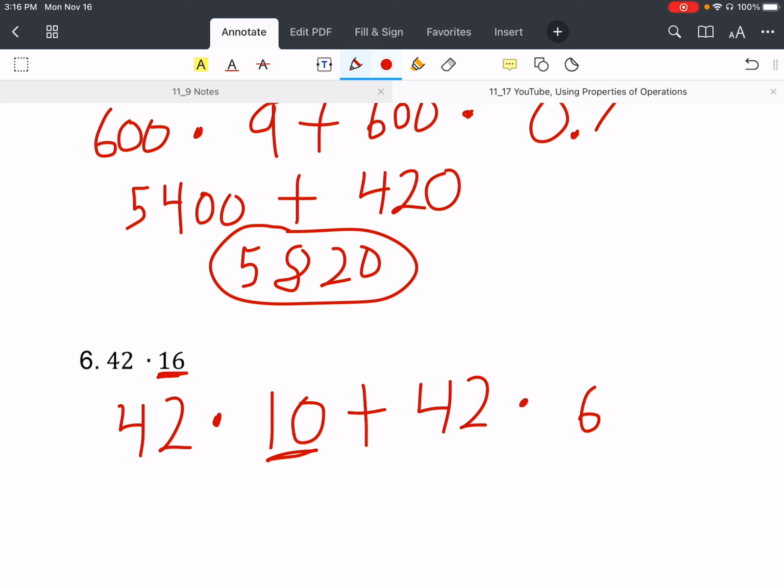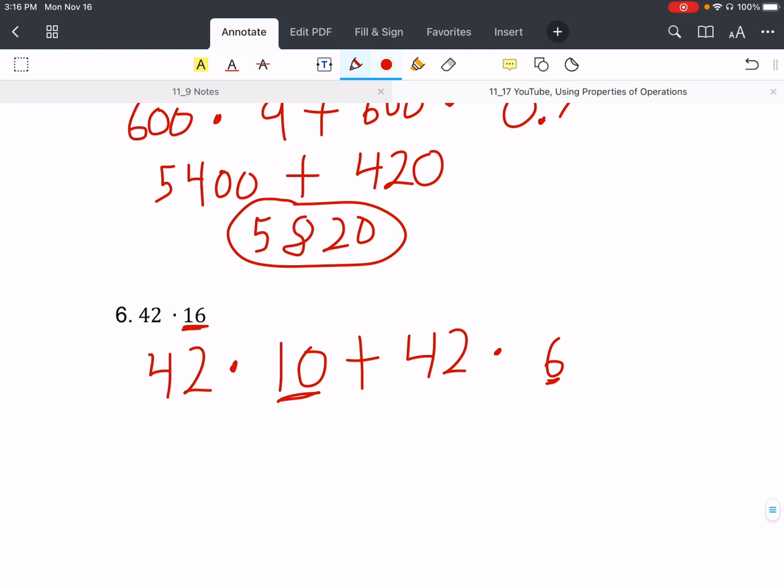And if I wanted to break this down even further, I could. I could break apart this 6 into 5 plus 1. But breaking it apart into two numbers is typically going to be fine. So 42 times 10 equals 420, plus 42 times 6, which is 252.